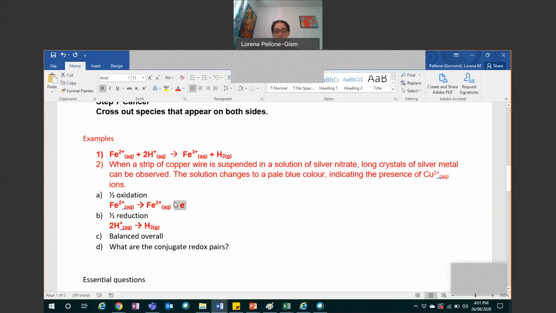If you look through the steps, none of the other steps actually relate to this half equation. So I'm going to add electrons to the more positive side. There's a 2 plus charge here. There's a 0 charge there. So I'm going to need to add it to the left-hand side, and I'm going to add 2 electrons. Okay, so 2 electrons plus 2 positives makes 0, and 0 on the right-hand side.